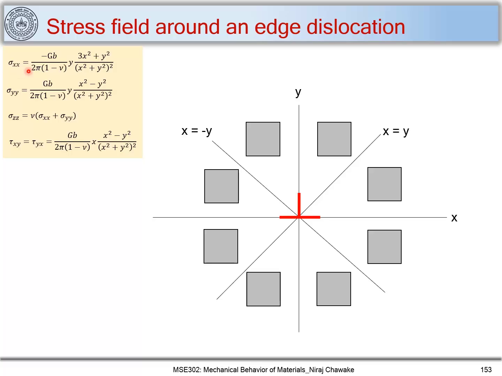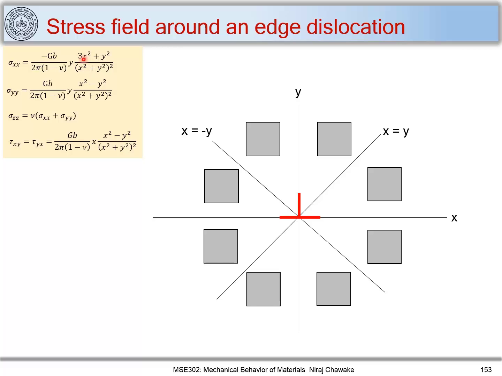Now if you look at this equation closely, you can see that when y is negative, sigma xx turns out to be tensile or positive, and when y is positive, sigma xx turns out to be negative, because you have this negative sign here.